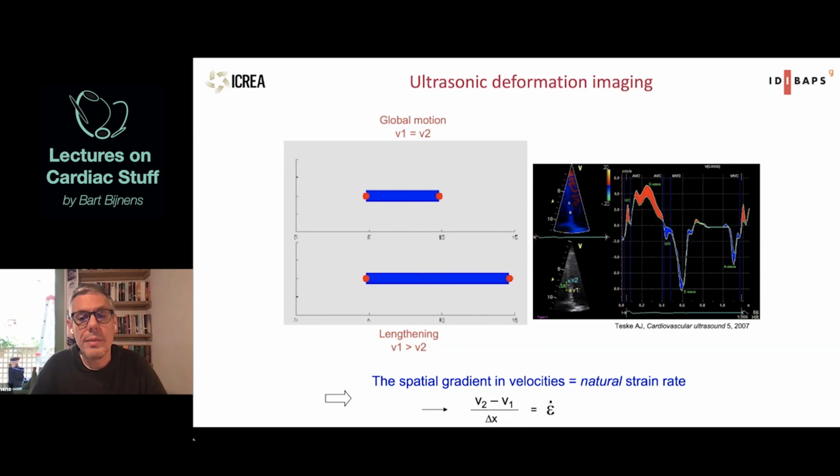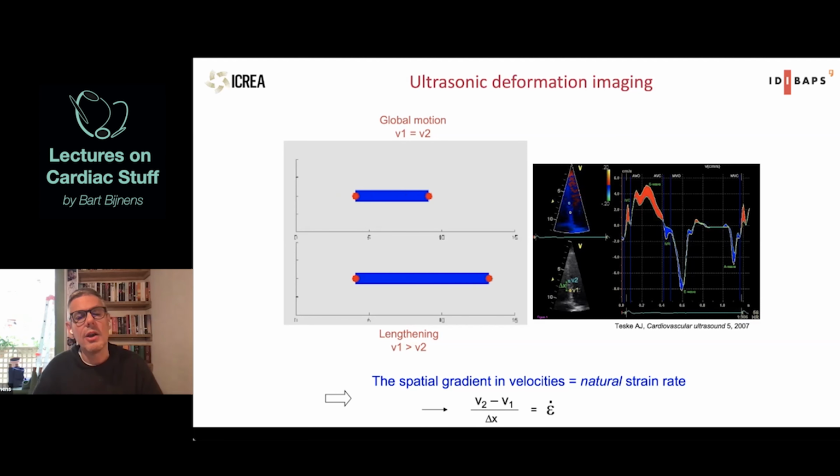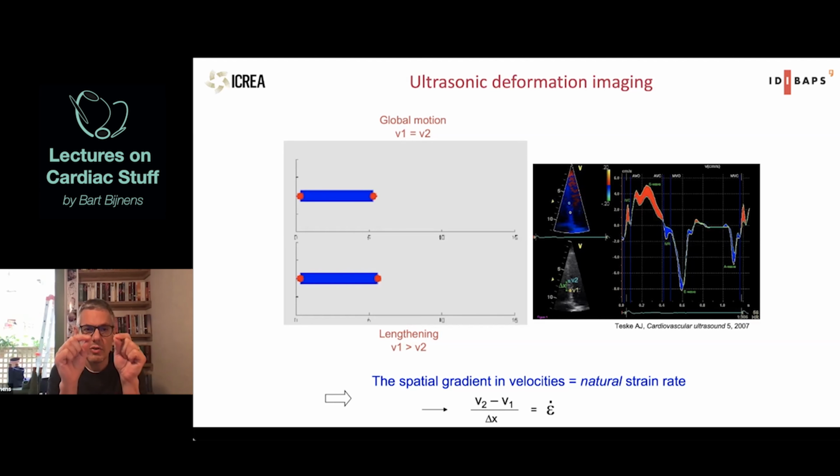Okay, so how do we measure deformation? When we do it with ultrasound, there are two main ways to do it. One is based on velocities, but all of it is based on the fact that you try to follow two points, two spatial positions, as a function of time.